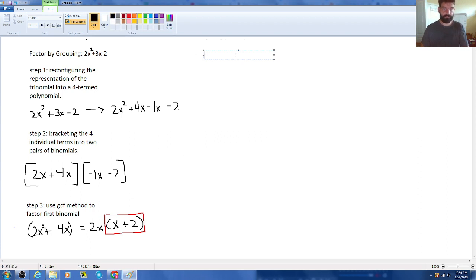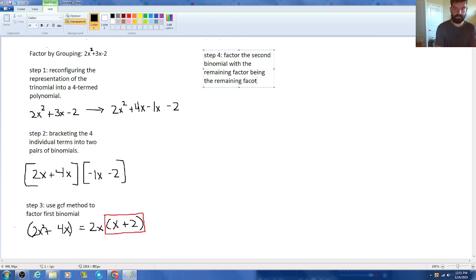So step 4 is going to be factor the second binomial with the remaining factor being the remaining factor of the first factored binomial.